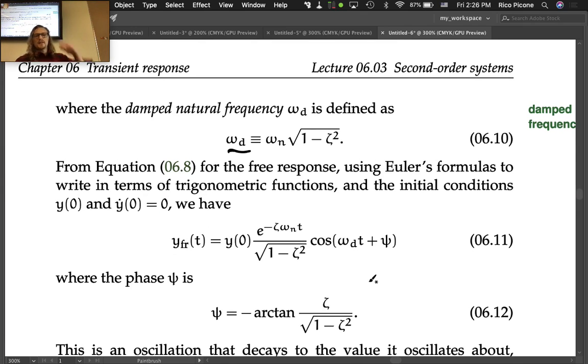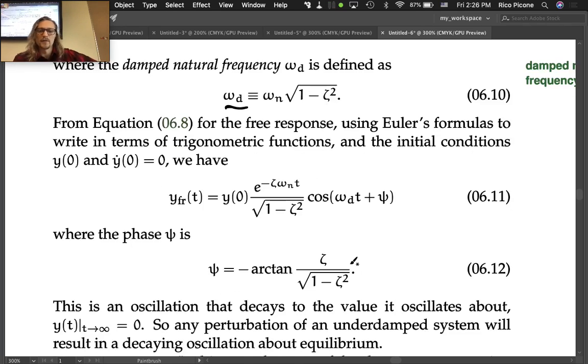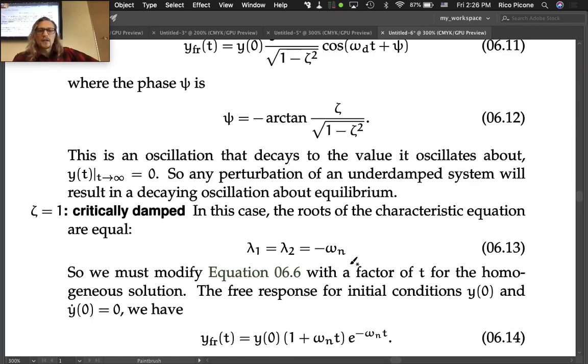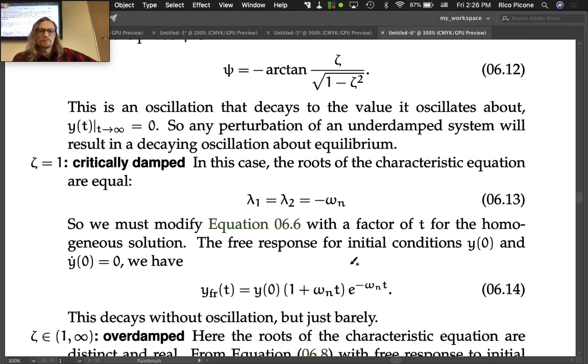The free response, if you work through it and rewrite using Euler's formula in trigonometric form, gives you equation 6.11, where you see an envelope, a decaying exponential multiplying a cosine. This exponential term is going to get smaller and smaller, and it's going to multiply the cosine term down to something really small, approaching 0 as time goes to infinity. You're going to get some oscillation, but that oscillation will damp out.